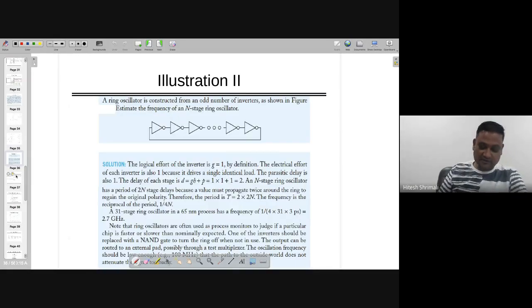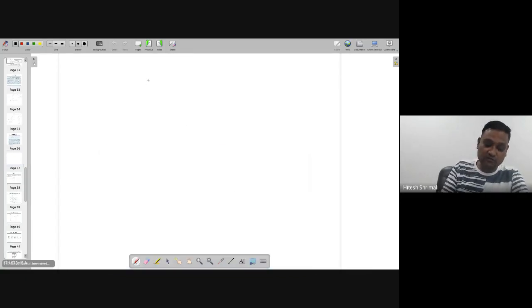Now, this is one of the popular questions being asked in many places. If you have an odd number of inverters, there might be two questions. If this is the case, is it going to give you oscillations at the output or not?